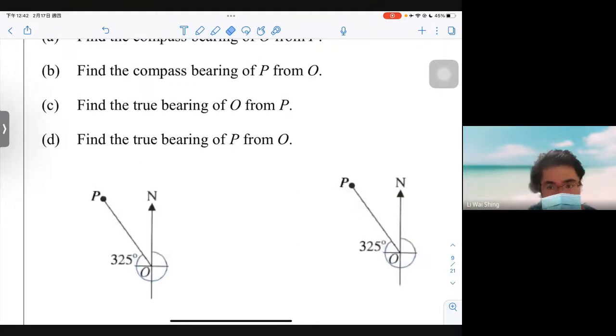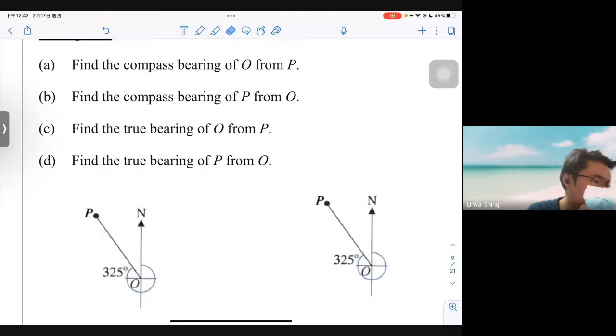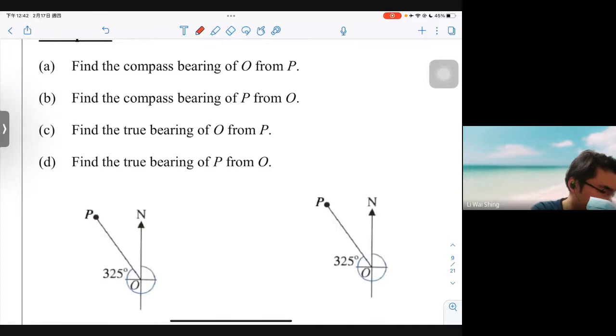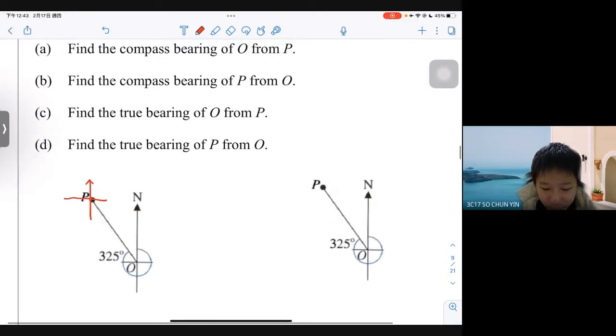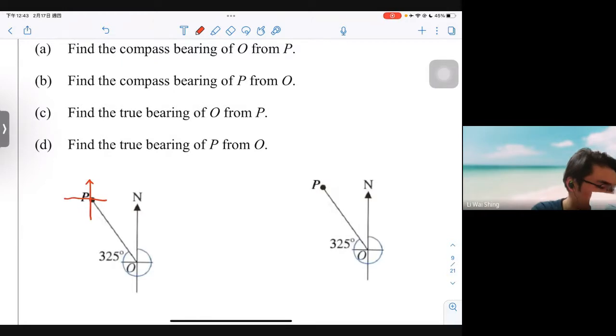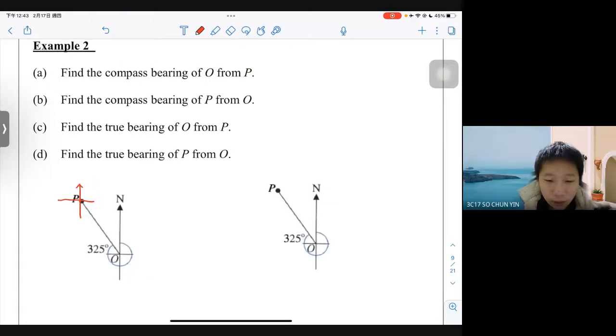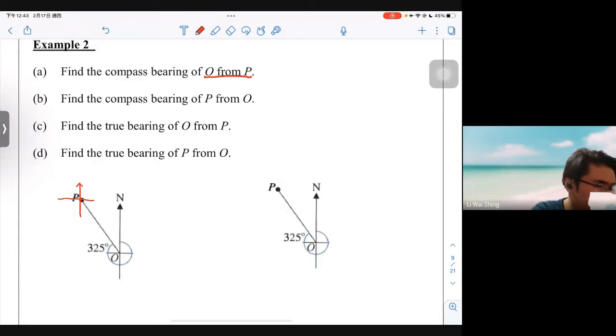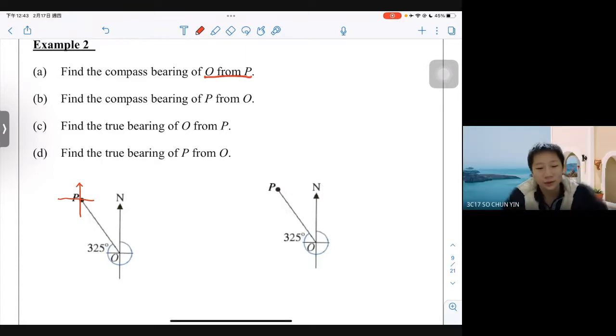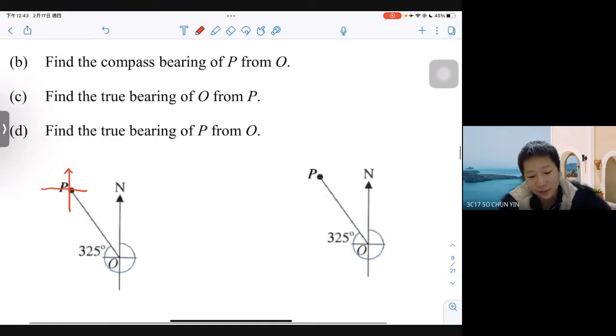Okay, Mr. So, give me the answer. 130. 130. Are you answering the same question? Yes. Of O from P. Oh, compass bearing. Oh, I mixed it up.